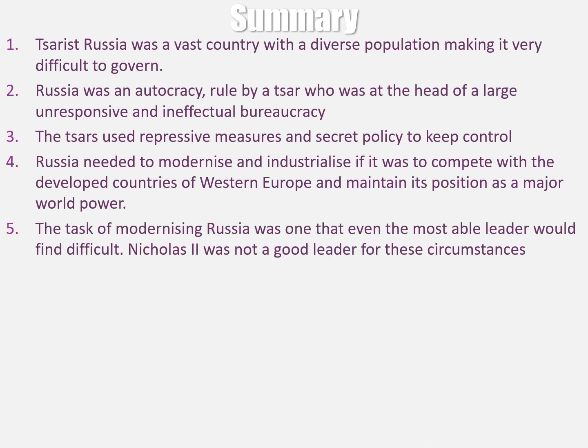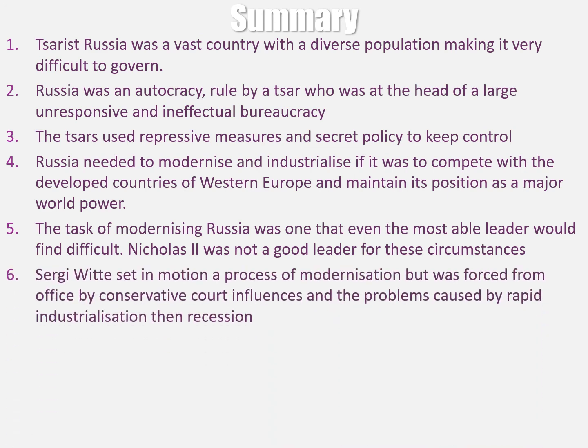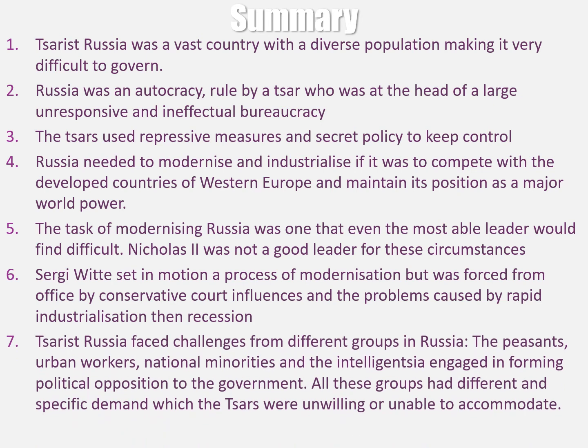The task of modernising Russia was one that, to be perfectly honest, even the most able leader would find very difficult, and unfortunately Nicholas II was not a good leader for these particular circumstances. Sergei Witte did set in motion a process of modernisation, but was forced from office by conservative court influences, and the problems caused by rapid industrialisation were an issue, followed by this economic slump or recession that made things worse.